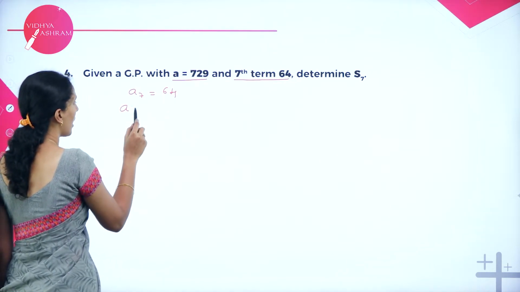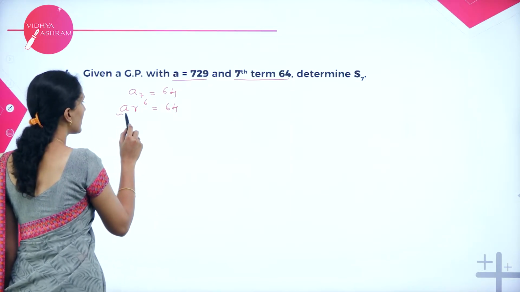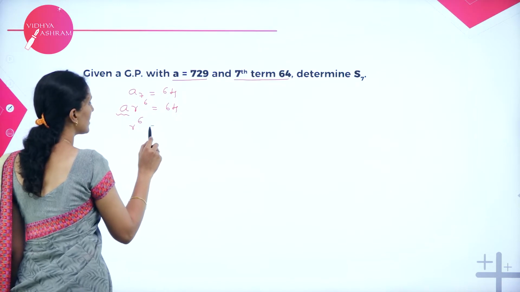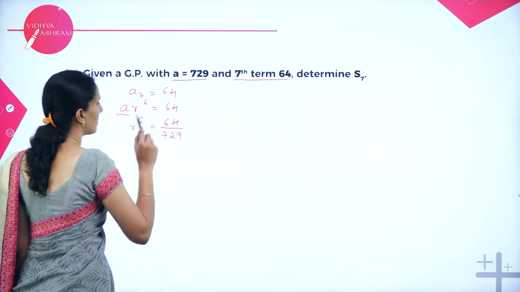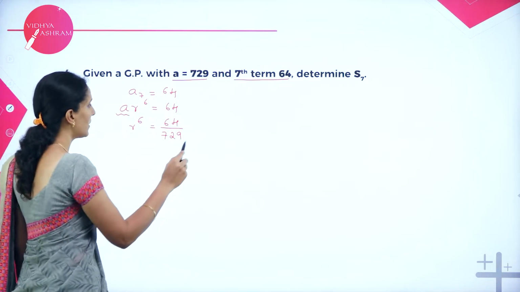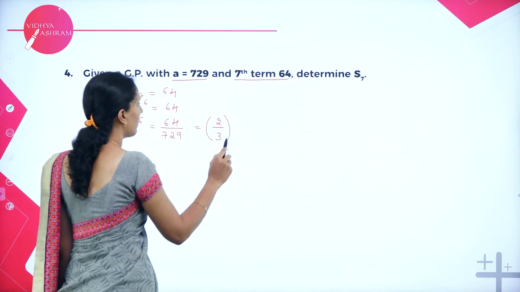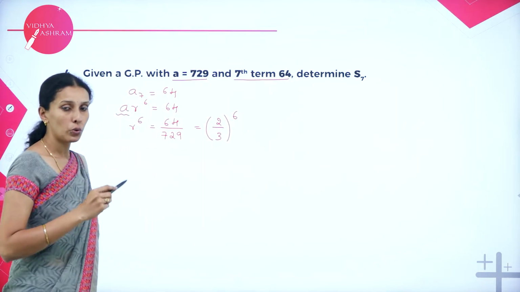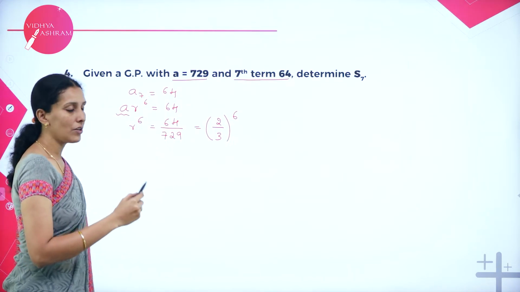It is A R to the power 6 is equal to 64. A is given. So R power 6 is equal to 64 divided by 729. So now this can be written as 2 divided by 3 whole to the power 6, because 2 power 6 is 64, 3 power 6 is 729.